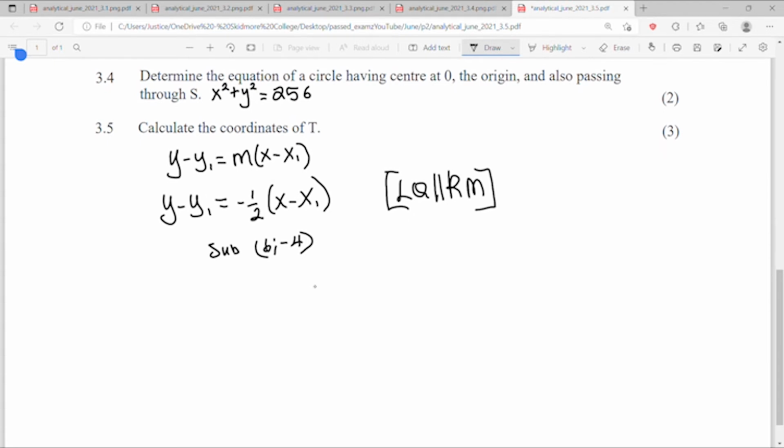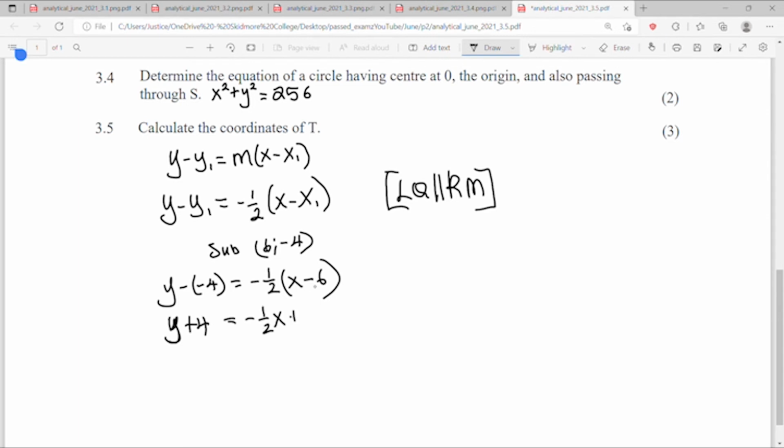So y minus, we're substituting this -4 here, so we're going to have y plus 4, the minus and the other minus, is equal to -1 over 2 times x minus 6, right?